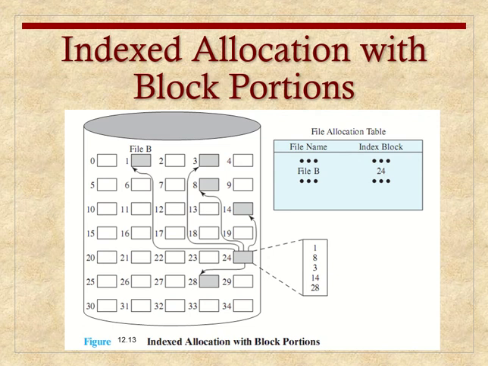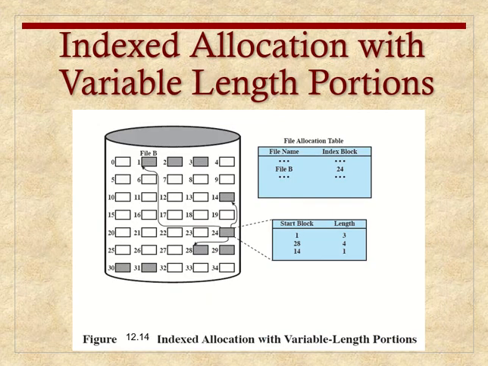But similar to the other two, some operation needs to be done from time to time, and for index allocation, the operation that needs to be done is consolidation. Okay, this is the index allocation after consolidation.